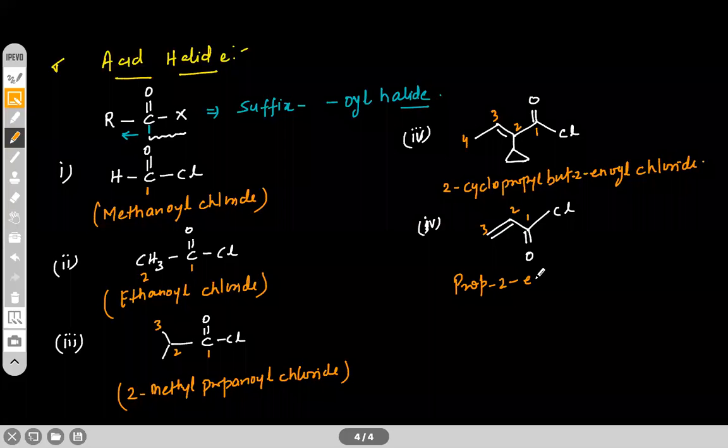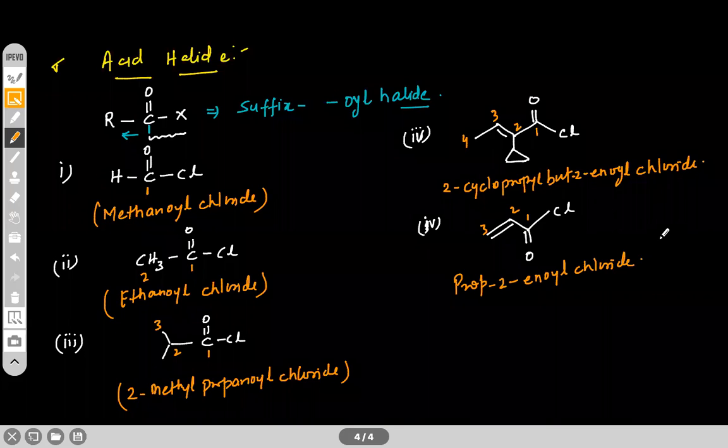Prop-2-enoyl chloride. Any doubt in this?